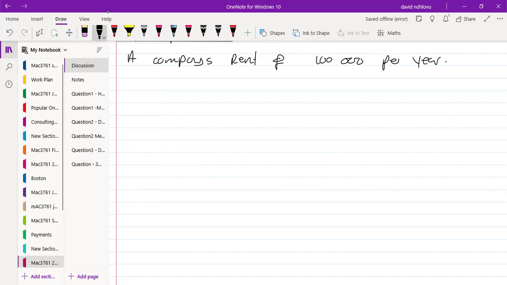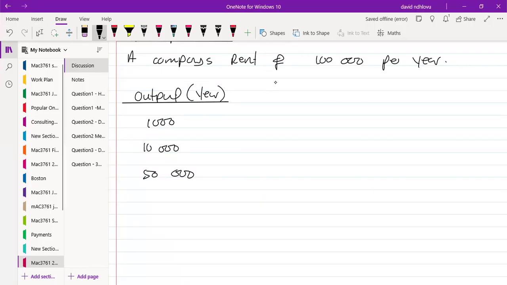If the company produces, let's say, 1,000 units, and goes to 10,000, and goes to 50,000. So this is output per annum.